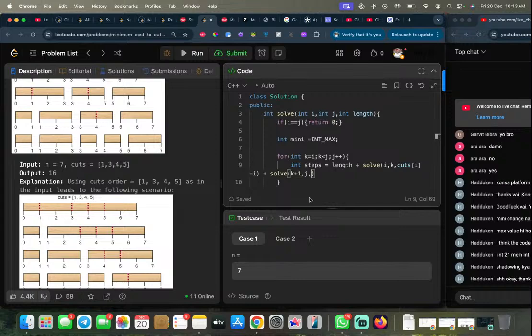Length minus cuts of i. Length minus cuts of i minus i.